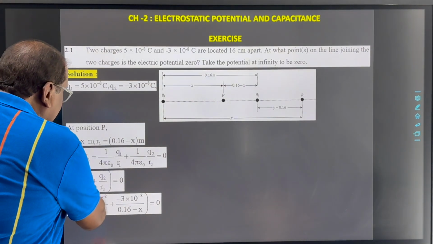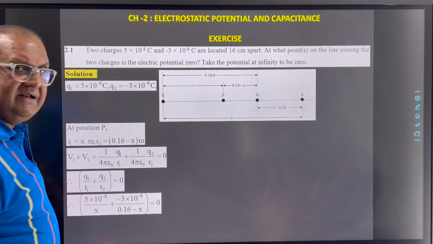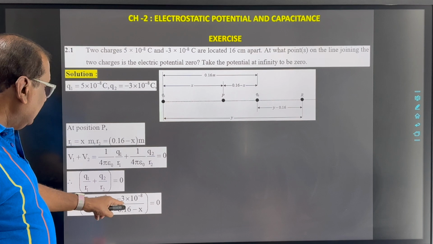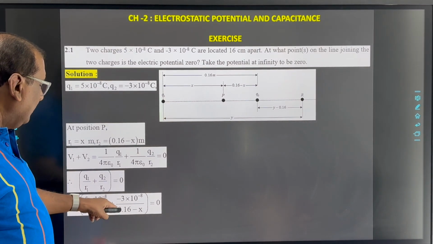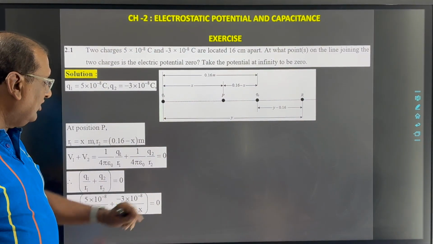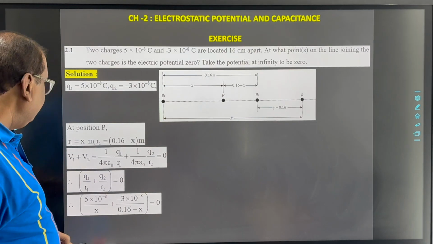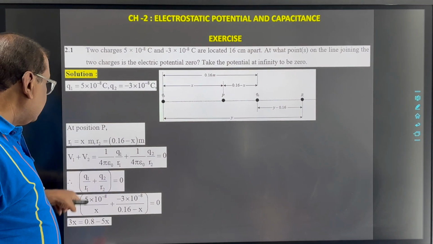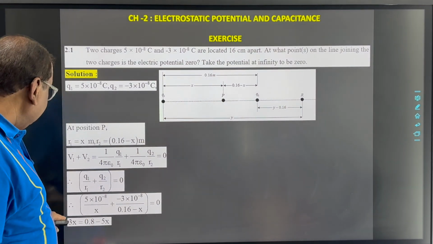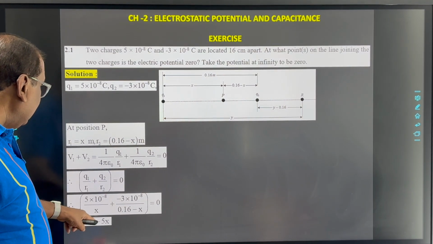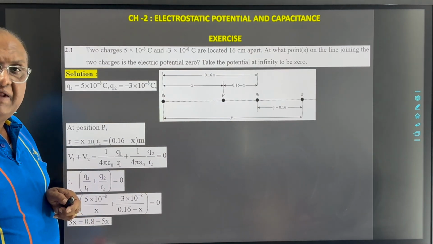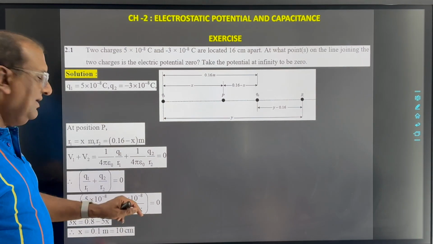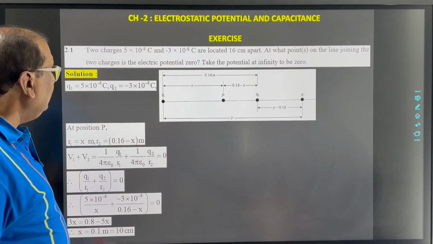Now if we take 10^-8 common, it will be cancelled. Then take this term -3 upon (0.16 minus x) on right hand side, it will be positive. So after cross multiplication, we will get 3x equal to 0.8 minus 5x. Now if we solve it, we will get x equal to 0.1 meter, so that is 10 centimeter.